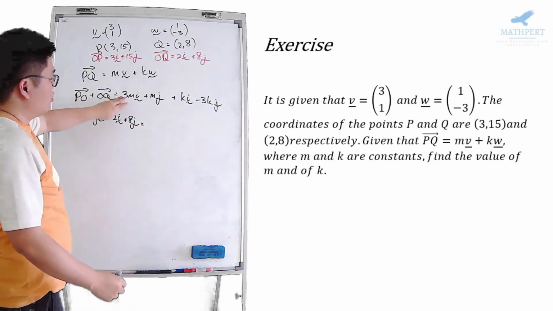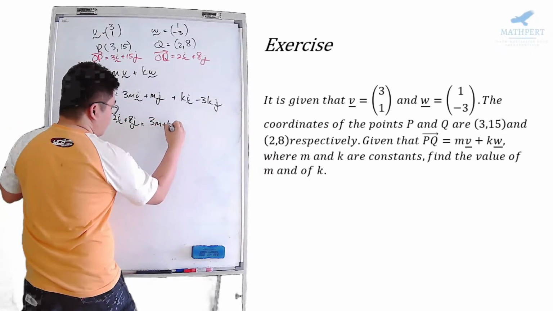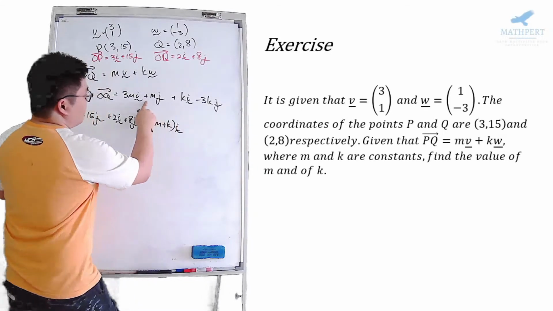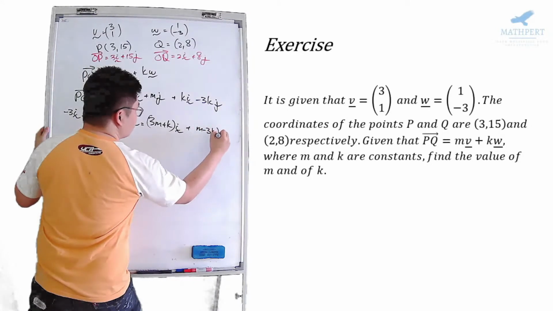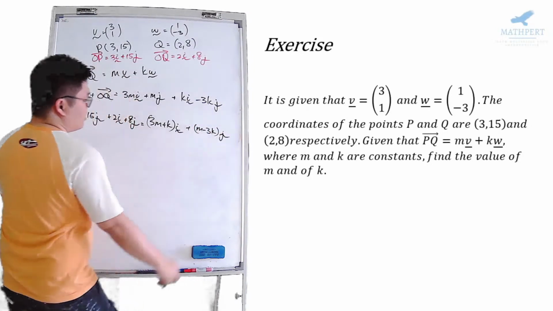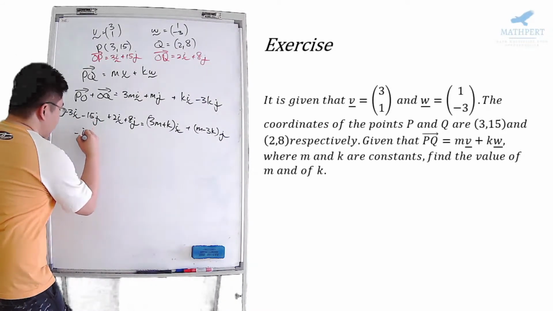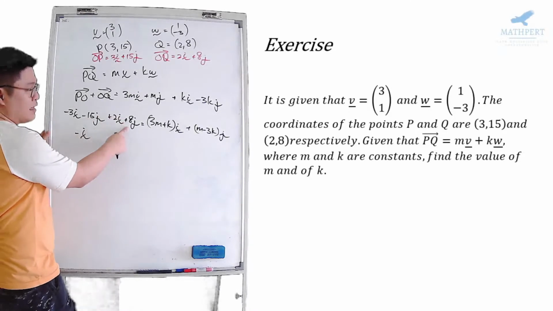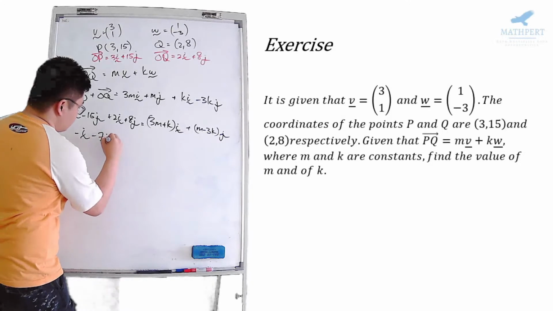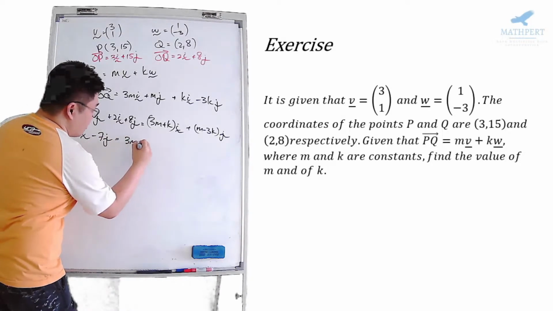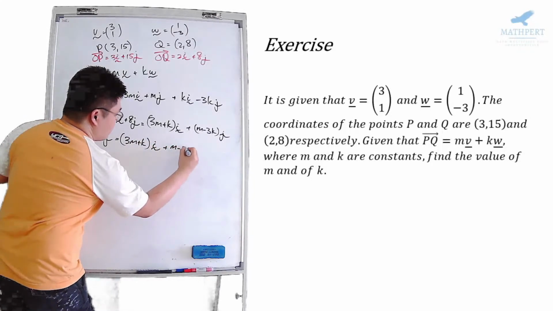Is equal to (3M plus K)i plus (M minus 3K)j. So negative 3 plus 2, I get negative i. Negative 15 plus 8, I will get negative 7j, equals to (3M plus K)i plus (M minus 3K)j.